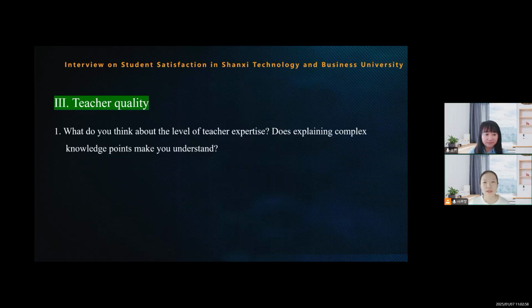Our teachers are very professional. They not only have profound attainments in academic research, but also can explain complex knowledge points in a simple way during teaching.